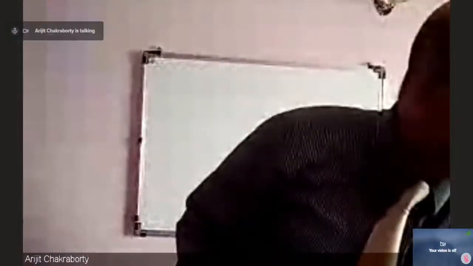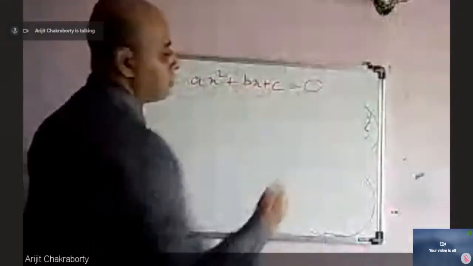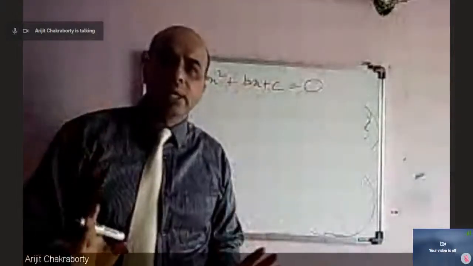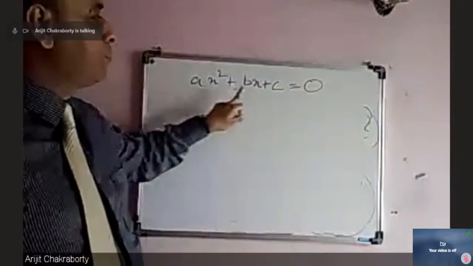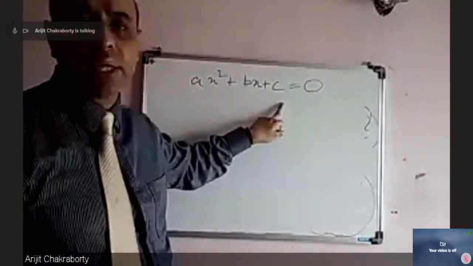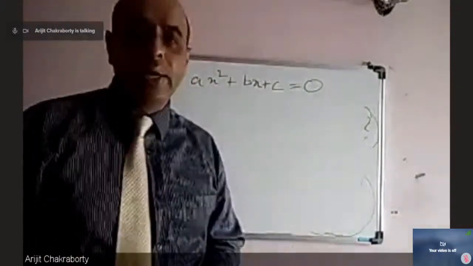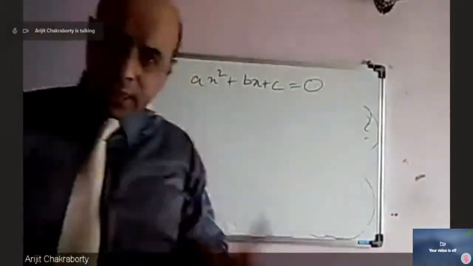So last day we had ax square plus bx plus c equal to 0, the standard form of a quadratic equation. a is a constant, b is a constant, c is a constant. Which one is the variable? x is the variable. x has the maximum power of 2 here, so it's a quadratic equation.